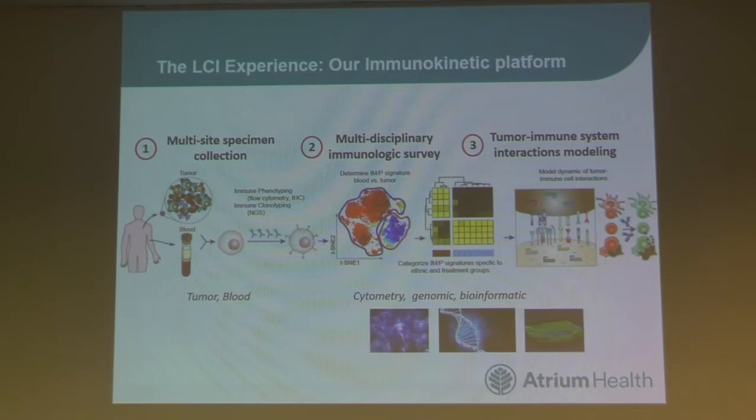So we have developed at LCI, my lab and a couple of other labs, this Immunokinetic platform to probe the interaction between the immune system and cancer. We're actually collecting both. We are looking at tumor biopsies and blood samples. Tumor biopsies, because that's where everything happens, that's where everything we want to trigger actually happens. And blood, because that's the highway blood cells use to get wherever they are needed.